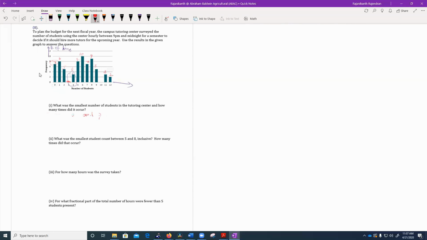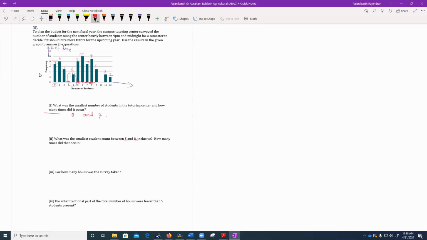What was the smallest student count between 5 and 8? Inclusive means you are including 5 and 8. So I'm looking at what was the smallest student count between 5 and 8, right? Okay, so 5 is here, 8 is here, but 5 and 8 are included. From 5 to 8, which bar has the lowest number?